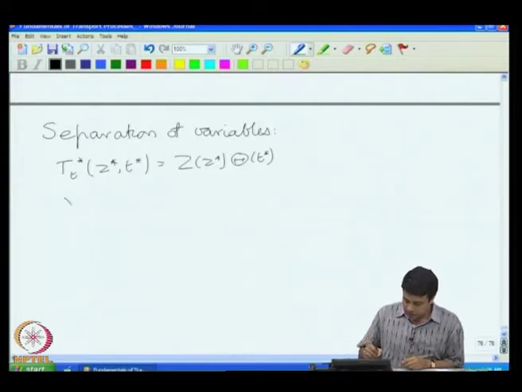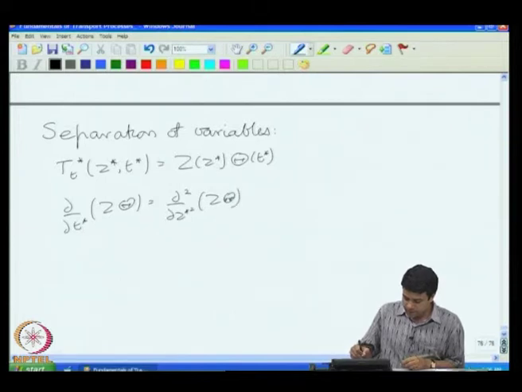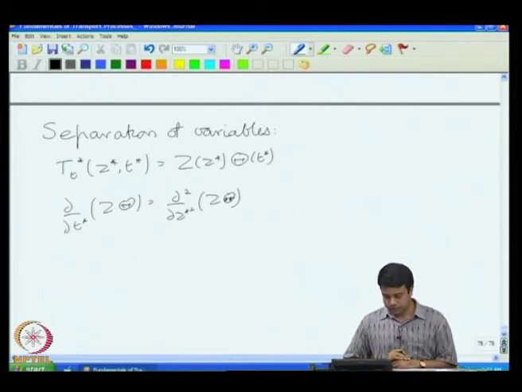So, I get d by dt of z theta is equal to d square by dz star square of z times theta. Note that z is only a function of z star and theta is only a function of t star.